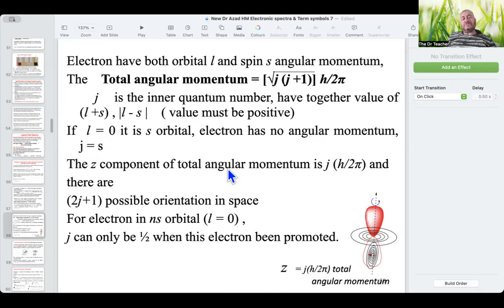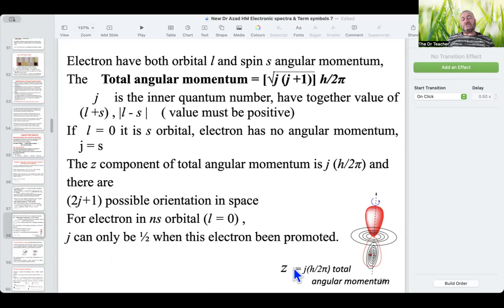So the Z component of the total angular momentum is J times h over 2 pi. And there are 2J plus 1 possible orientations in space. And for an electron in an S orbital, L is 0, so J can only be half when the electron is promoted.